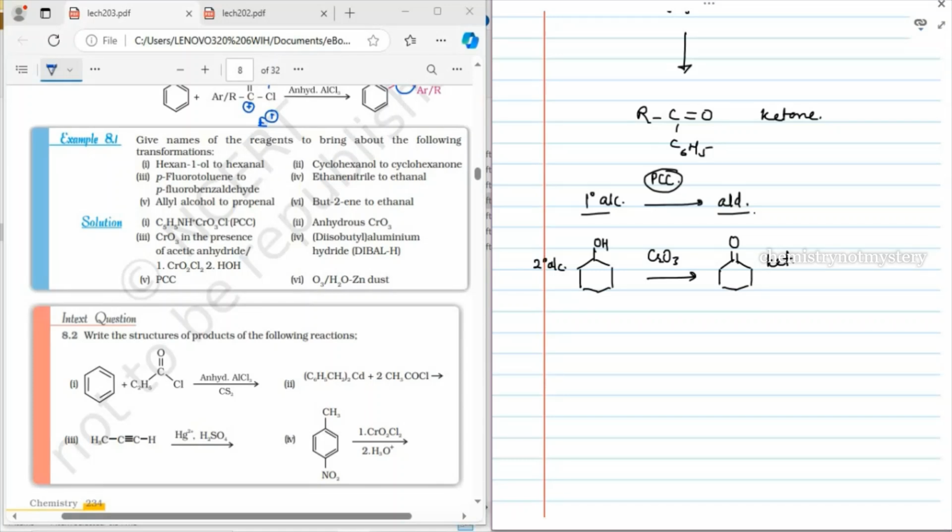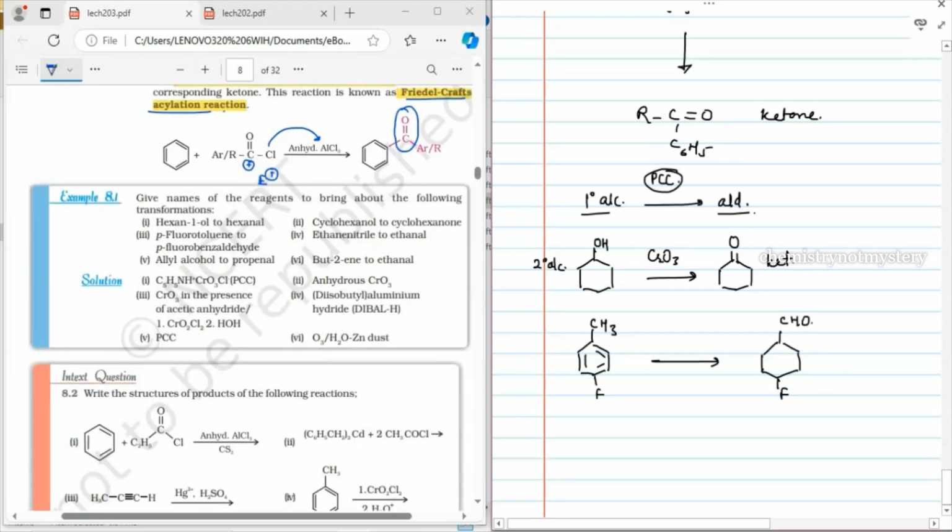Here you have to convert parafluorotoluene to parafluorobenzaldehyde. This is toluene, the benzene where CH3 is bonded, and at the para position fluorine is bonded. So this is parafluorotoluene. Here you have to convert it to parafluorobenzaldehyde, meaning fluorine will remain as it is and the CH3 group is going to convert into aldehyde.